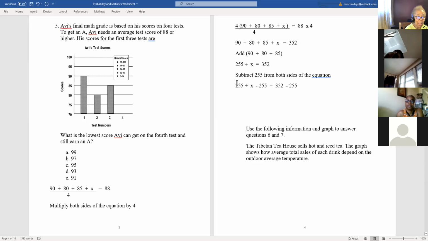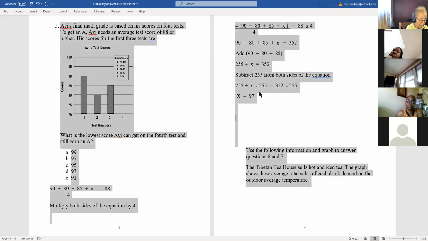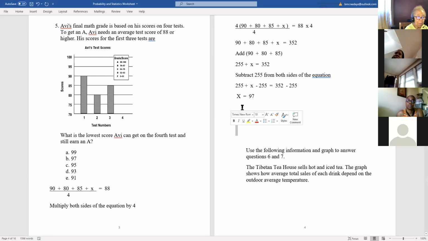So 255 plus X minus 255 gives me 0. So I'll have just X on the left side, and 352 minus 255 is equal to 97. And that would be the answer. 97 is answer B.